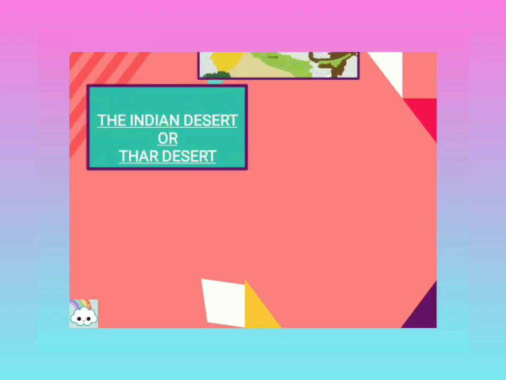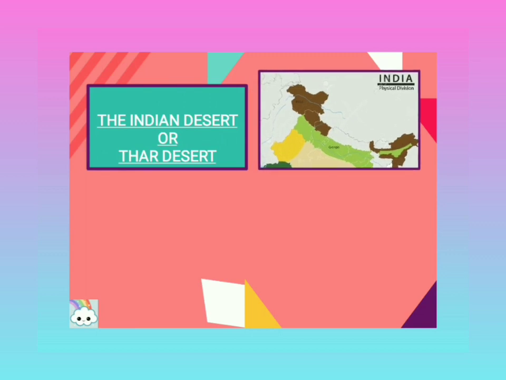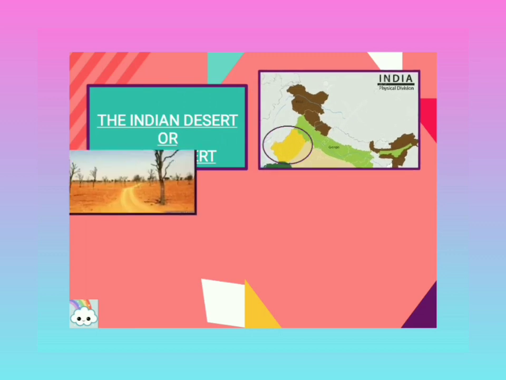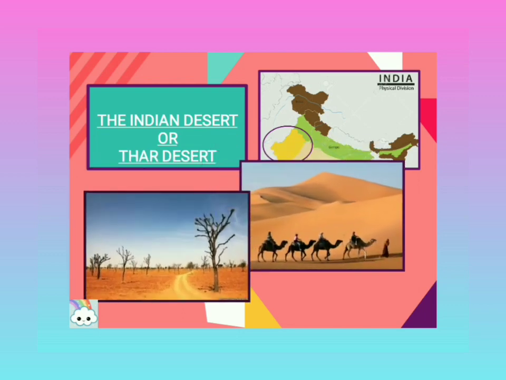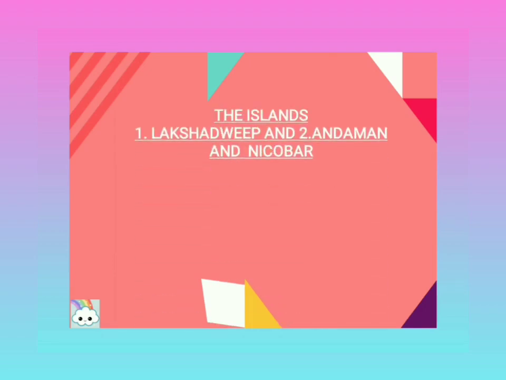Then here you can see the Indian Desert, which is also known as the Thar Desert. It is located in the northwestern part of our country. Let us see what is next. Oh yes, they are Indian islands. We have two groups of Indian islands.